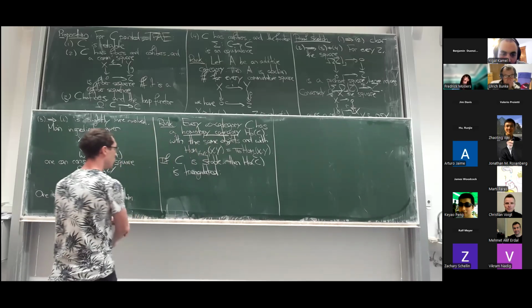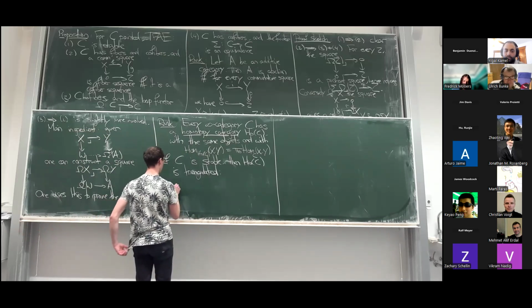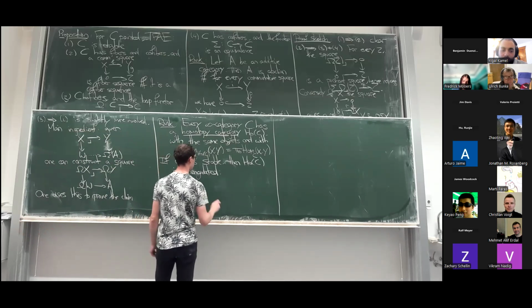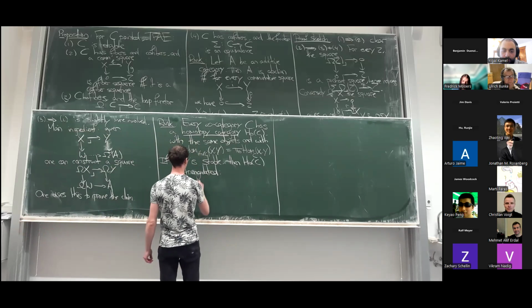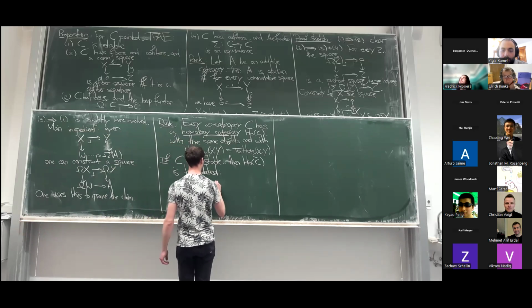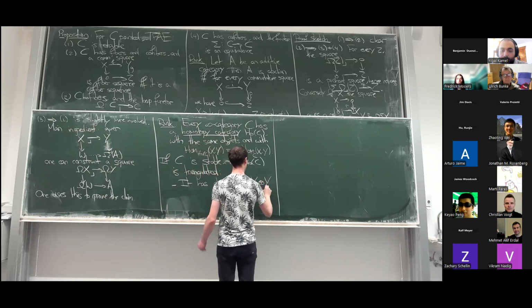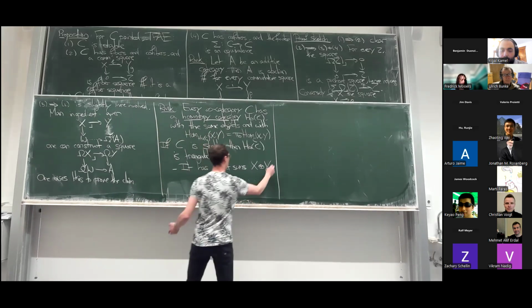So I won't recall what the precise definition of this is, but let me just say some facts that are in particular true. So it has direct sums. Co-products are the same as products. Why is this the case?